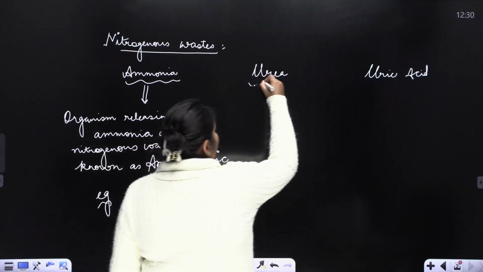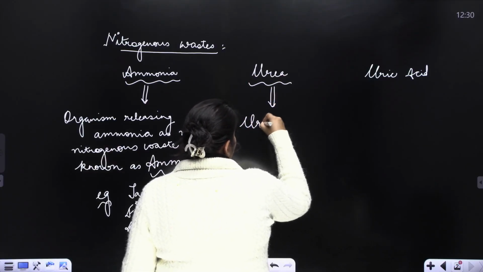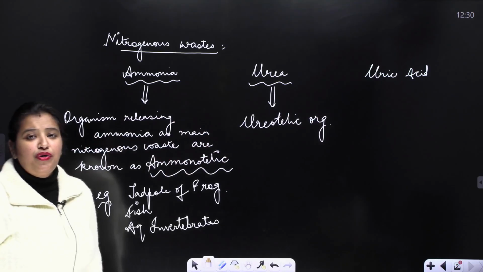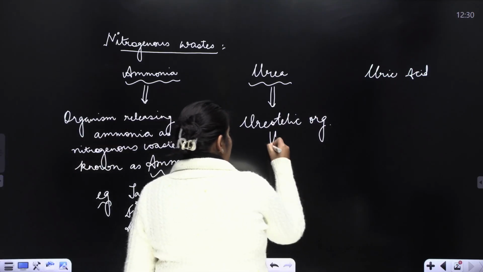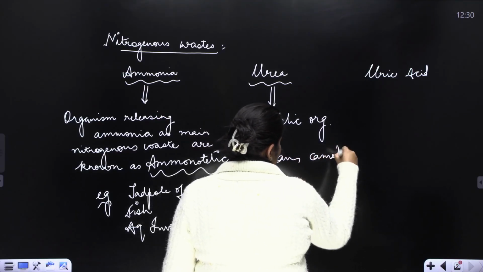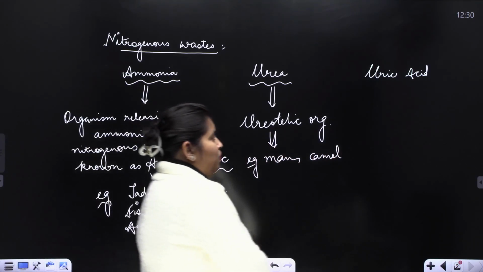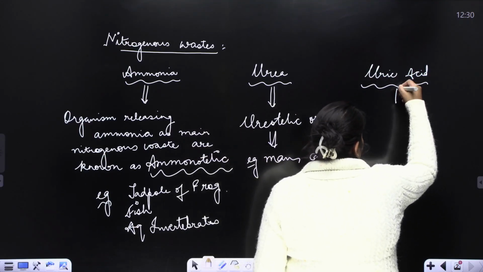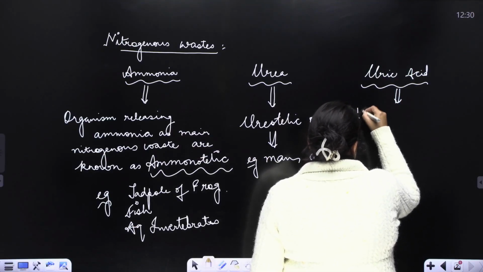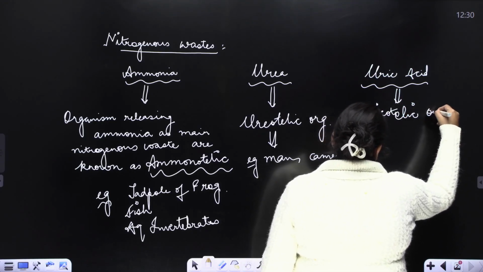When I say urea, the organisms which produce urea as the main nitrogenous waste are called ureotelic organisms. Examples of such organisms include man, camel, all right, the mammals, they are all ureotelic. Now, when I say uric acid, these organisms are known as uricotelic organisms.